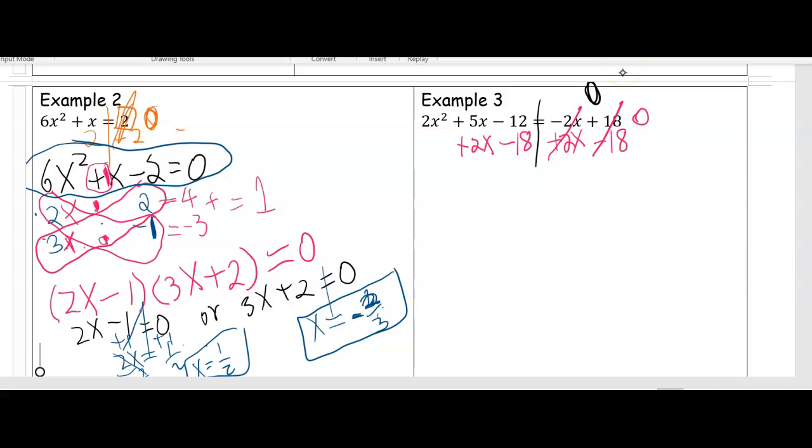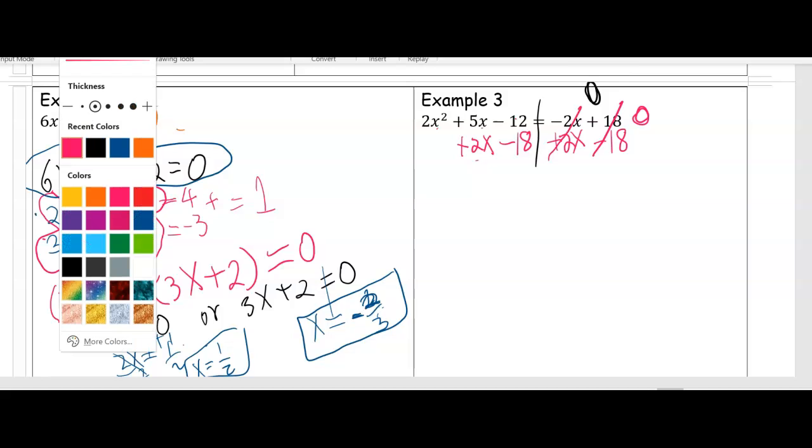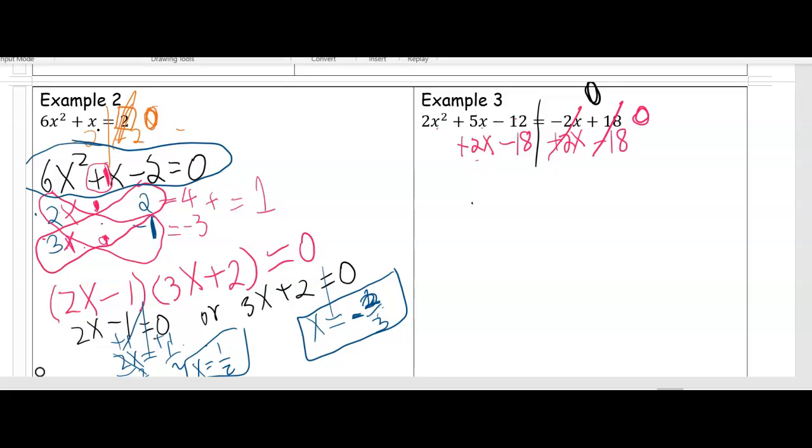So I have a 0 on the right side. And on the left side, we have 1, 2, 3, 4, 5 guys. Let's see if we can combine them. Okay. So 2x squared. You don't have any other x squares, so it's a single guy. Copy it down. 5x plus 2x.